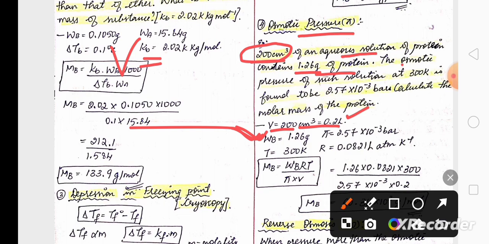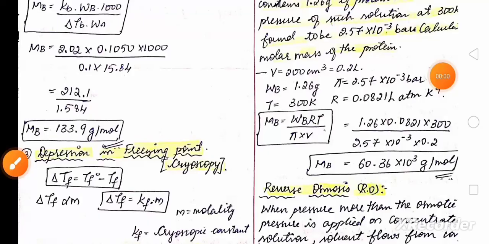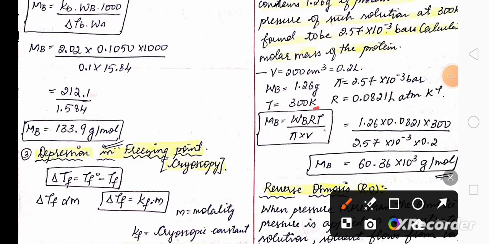So 1.26 is the mass of protein, that is mass of solute Wb. The osmotic pressure of such a solution at 300, so temperature is 300 Kelvin, was found to be 2.57 into 10 to the power of minus 3 bar. We have to calculate the molar mass of the protein Mb. So the relationship between osmotic pressure and molar mass of solute is Mb is equal to mass of solute, R, T divided by pi V, where R is universal gas constant, T is temperature, pi is osmotic pressure and V is volume.